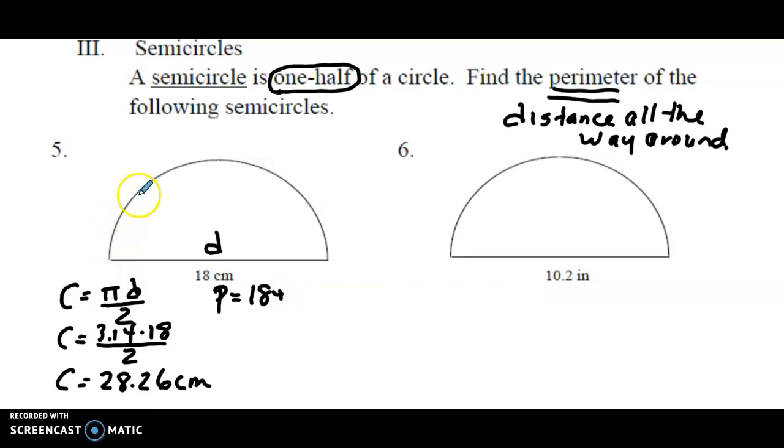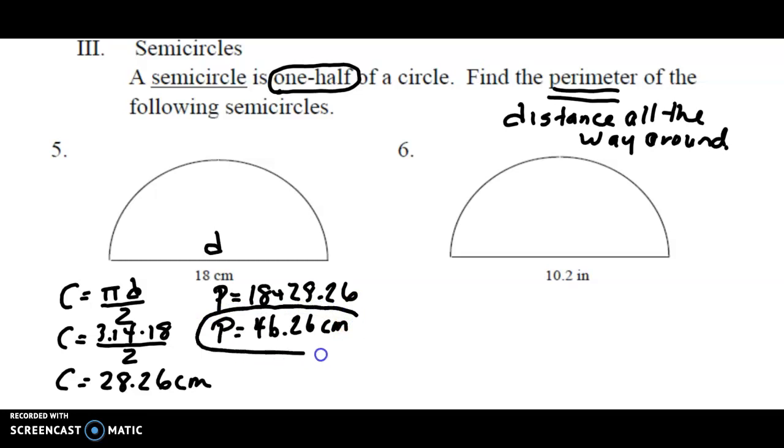And to enclose it, we're going to go around this curved side, which was worth 28.26 centimeters, and we're going to add them together to get our total perimeter, which is 46.26 centimeters. And that would be the correct answer to number 5. Go ahead and pause the video. I'd like you to try number 6.